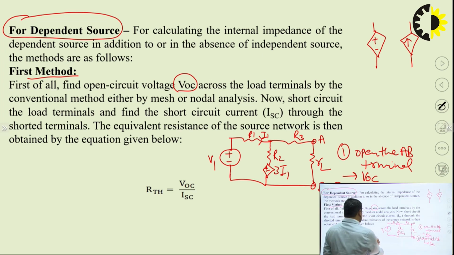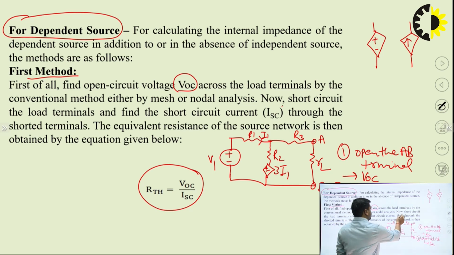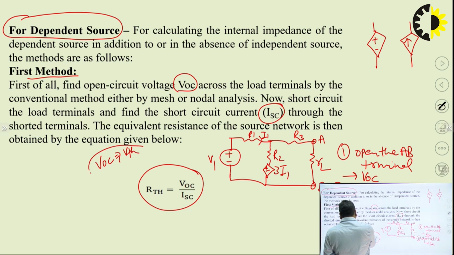Then the value of RTH becomes VOC upon ISC. This VOC is actually your VTH. Because you have already calculated the VOC, the Thevenin voltage, by the same procedure, in addition to this you only have to calculate ISC in this case.